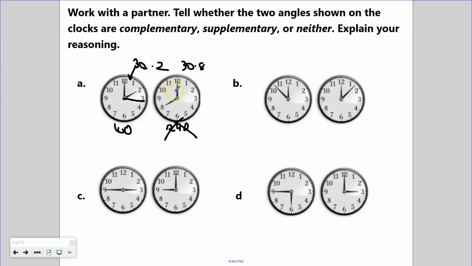It's not that one. They're just looking at this angle right here, right? So 30, 60, 90, 120. So my fault. Sorry, guys. So 120. And so we're saying that 60 plus 120, that would be what we call supplementary. So I'm just going to put a sup there. Sounds like Carson. Sup. All right.